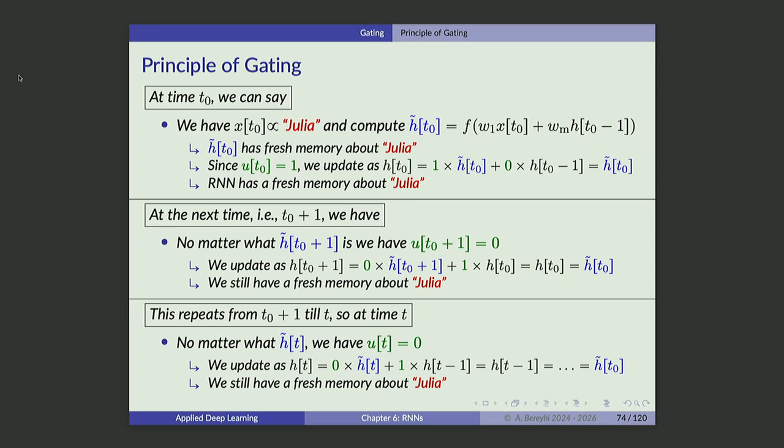Yeah, this is the key point. Of course, you cannot be very selective. I want to remember Julia, I don't want to remember the name of the university, for instance. You cannot select this, but you can say that for basic words like is, at, and articles like the, a, you can drop them.